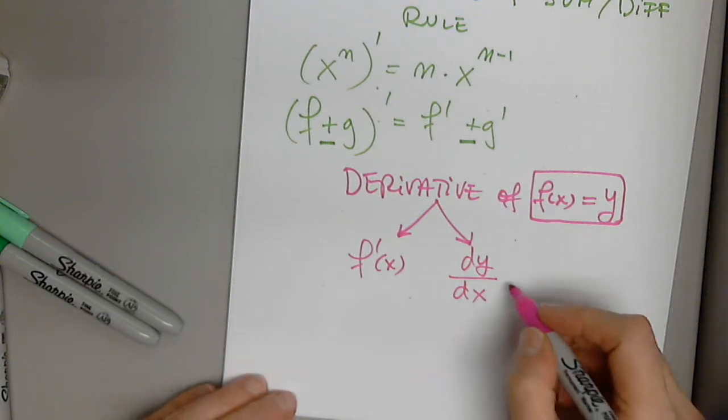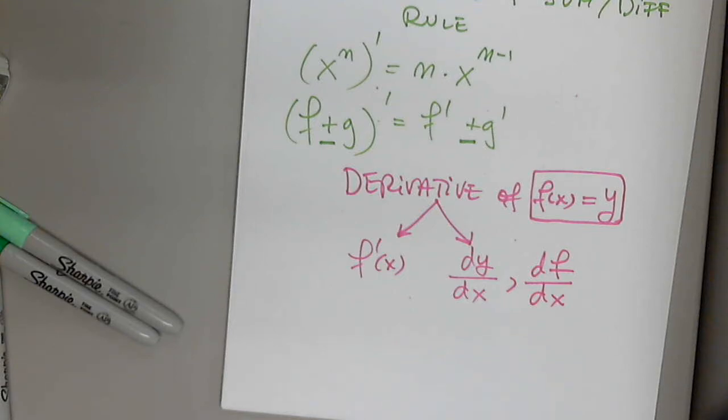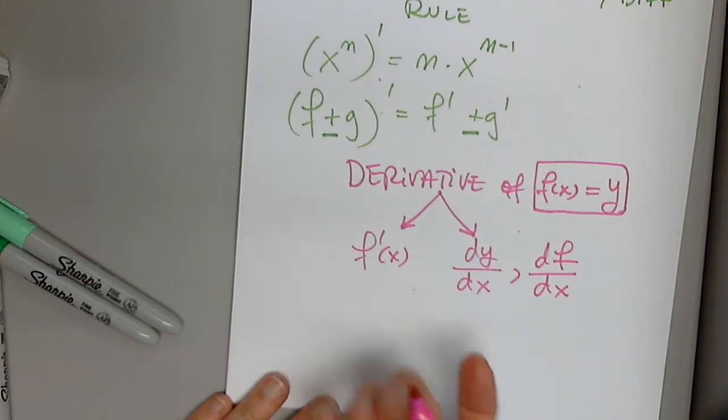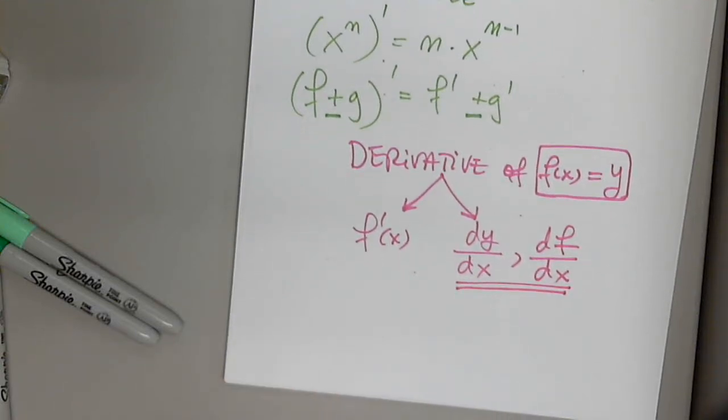Another notation will be df over dx. I think this is the easiest one to write, but these 2 have their place, and they are important for something that we will get to later. So please try to understand that all these 3 mean the same thing. You either write f prime or dy over dx or df over dx. Any questions?